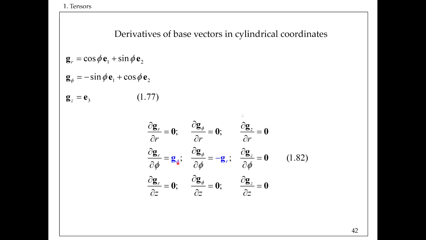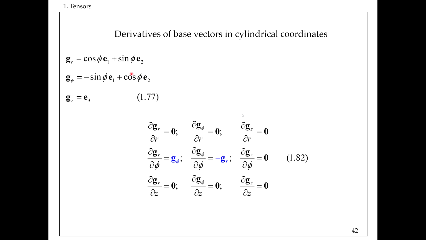Now, if we take the derivative of g phi with respect to phi, instead of sines here we'll have minus cosine phi, and then taking the derivative of cosine phi we'll get minus sine phi. So basically we have exactly the same as gr here, but with a minus, because there is a minus here, and another minus appears when we take the derivative.